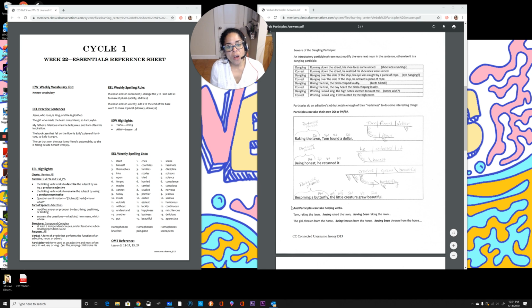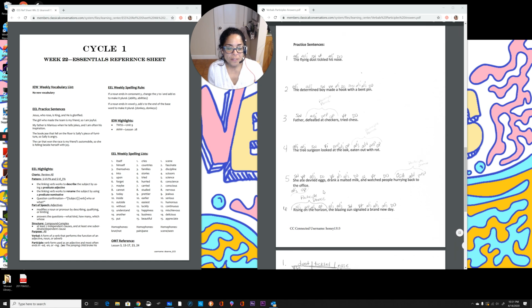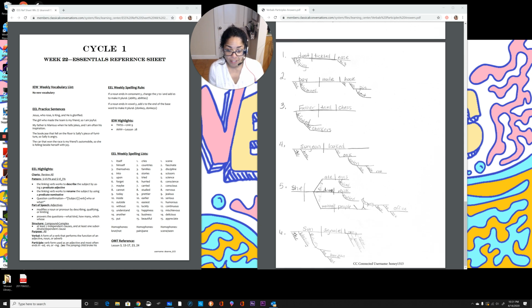So these are all ways that we can modify participles, and participles can have their own direct objects and their own predicate nouns or predicate adjectives. So this is pretty advanced, but it's really interesting, right? So she has some practice sentences here that she's actually parsed out for you, and she's actually diagrammed.